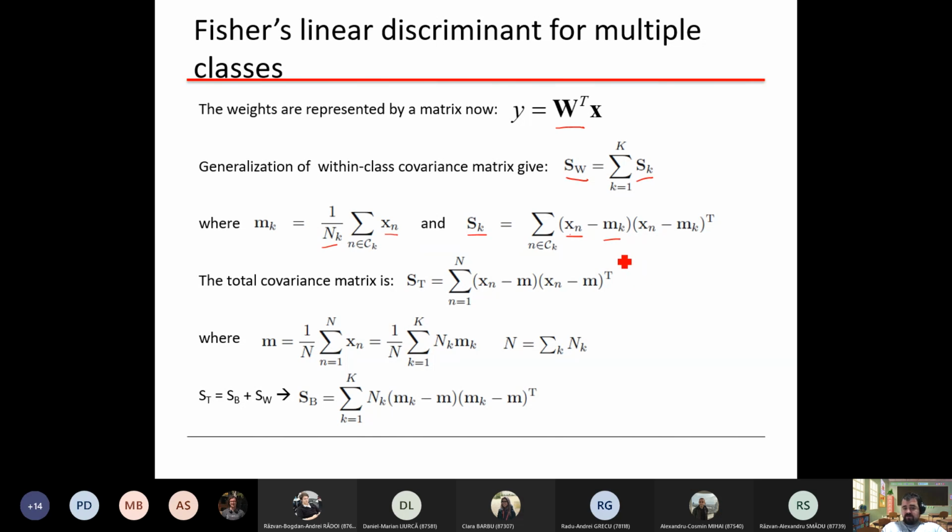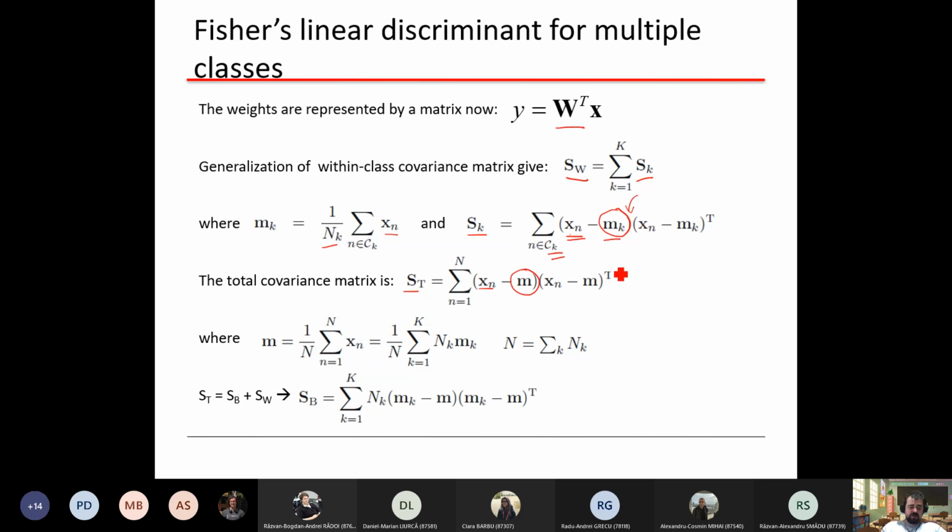Now, the total variation of the data set will be the difference between that point and the mean of the total data set. So if we want to compute the variance within one class, we'll have to compute the mean of the class, and then sum all the differences between the points from that class and the mean of that class.